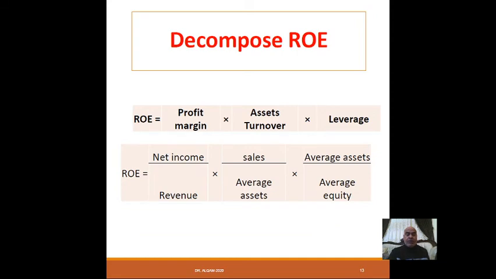We can also decompose it into 3 sub-ratios: profit margin ratio, net income over sales or revenues, multiplied by total assets turnover, sales over average assets, multiplied by average assets over average equity, or leverage.